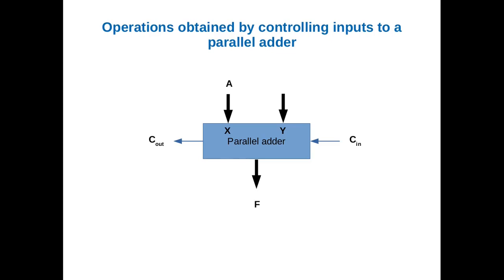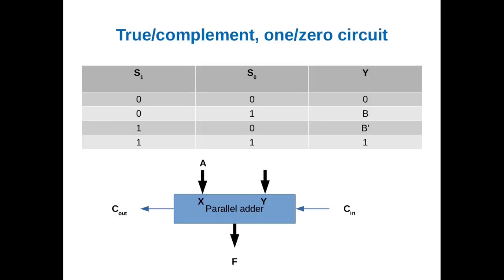So far we have considered different operations by controlling the Y input and Cin. Based on this, we have to design a circuit to give the values of Y and Cin. From this we have noticed that we are giving the Y value as 0, B, B complement, or 1.